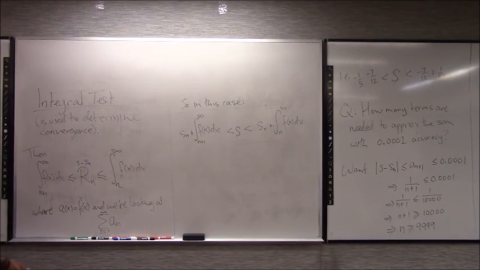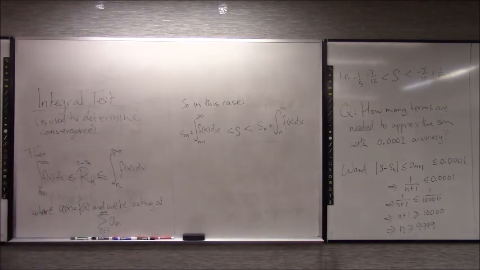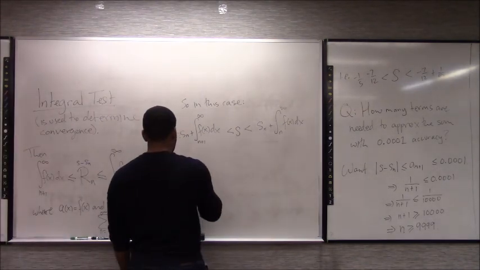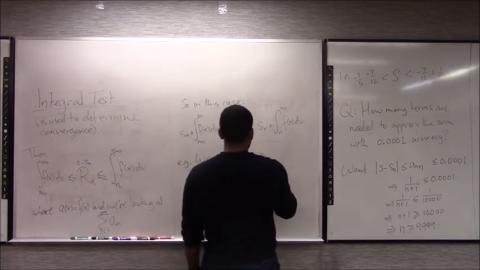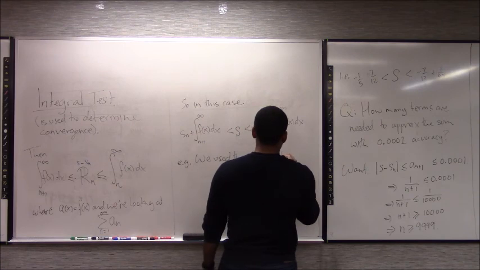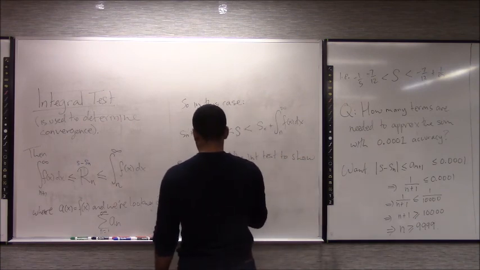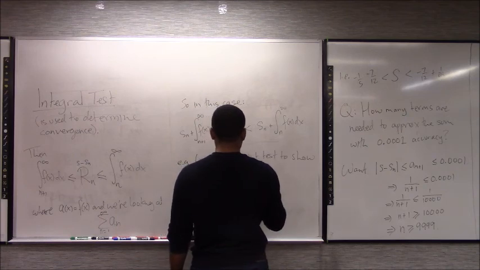So, is there a nice one that we did here? Okay. So, for example, we used the integral test to show that the series from 1 to infinity of e to the 1 over n, over n squared converges.